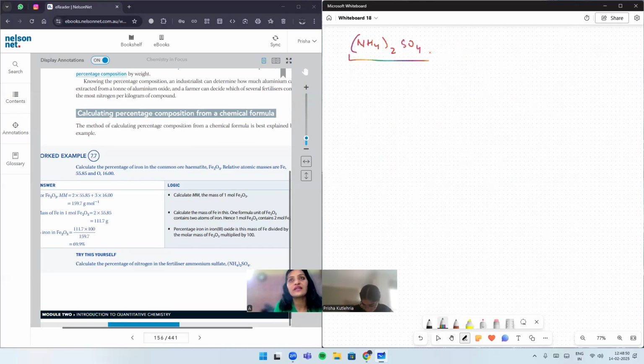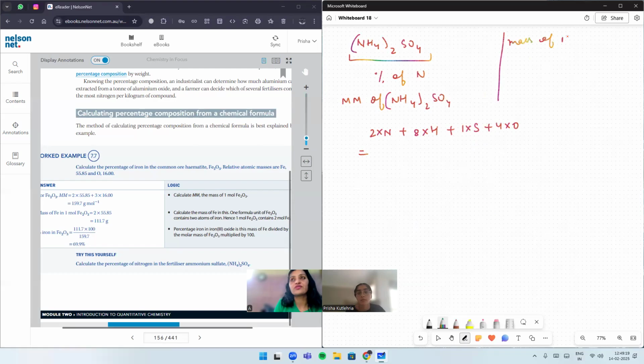This is ammonium sulfate, and I need to calculate the percentage of nitrogen. First of all, calculate the molar mass of ammonium sulfate, which will be twice of nitrogen plus 8 times of hydrogen plus 1 time of sulfur plus 4 times of oxygen, right? And along with this, we are going to calculate the mass of nitrogen present in this, which is twice the mass of one atom of nitrogen.